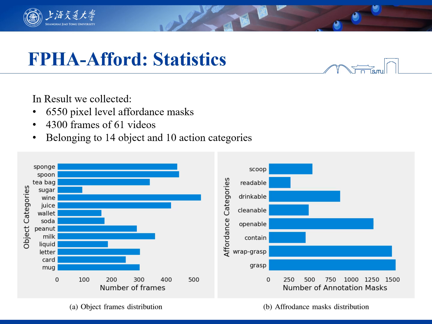As a result, we collected 6550 pixel level affordance masks, 4300 frames of 61 videos belonging to the 14 objects and 10 action categories. Below are the statistics of object frame distribution and affordance mask distribution.